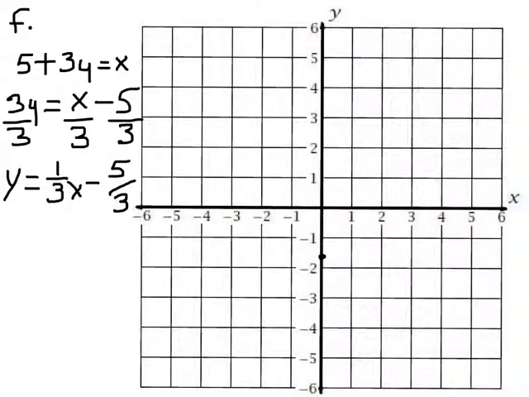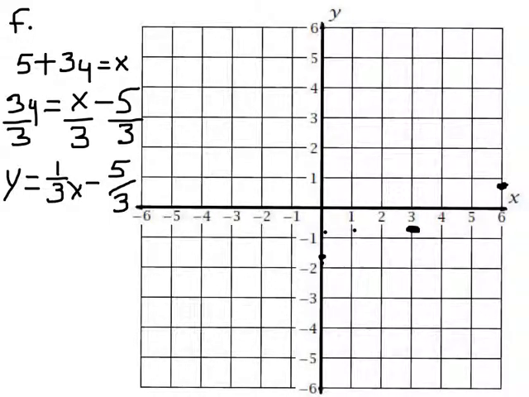From here, I'm going to go up 1 over 3. 1, 2, 3. I'm going to put a point about right there. Up 1 over 3, about right there.